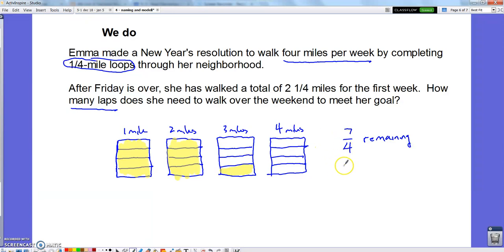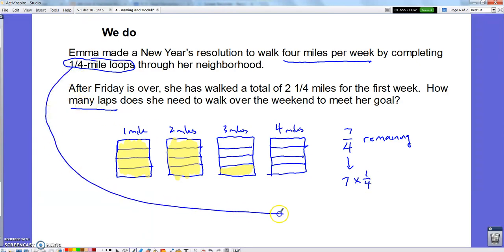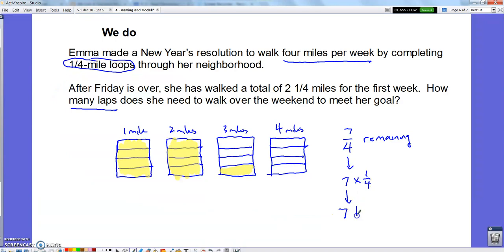And I know that 7/4 is 7 times 1/4, and that 1/4 is how far each loop is, right? That's why I'm going into that unit fraction. So since I know that 7 times 1/4 makes that 7/4, that tells me that she has 7 laps to go. 7 laps remaining.